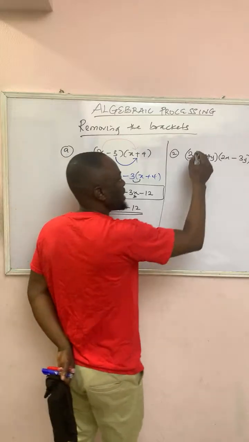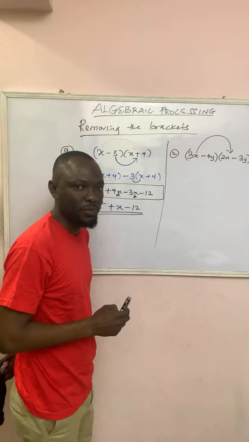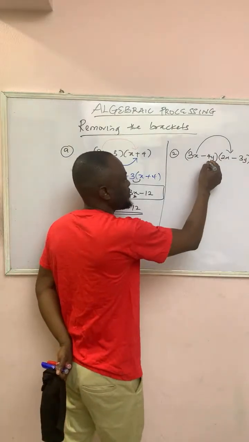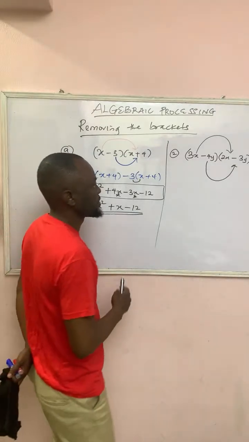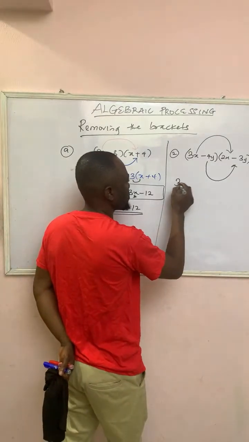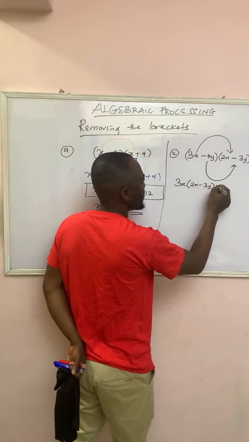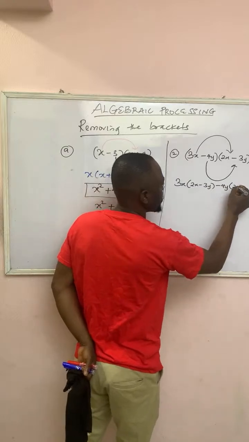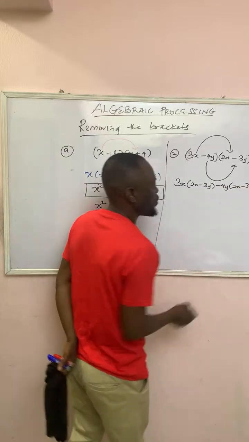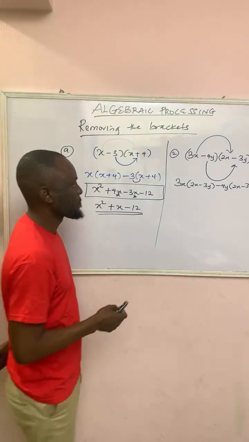So basically, I'm going to say 3x multiplied by everything in the other bracket, and then minus 4y multiplied by everything in the other bracket. So that will give me this expression: 3x into bracket 2x minus 3y, minus 4y into bracket 2x minus 3y. Now we want to remove the bracket completely.